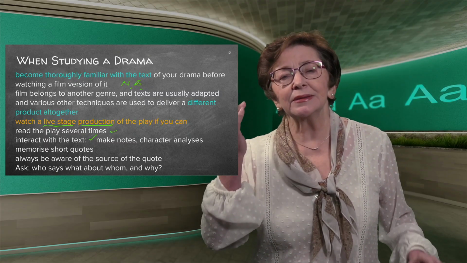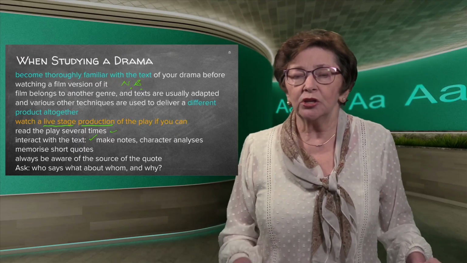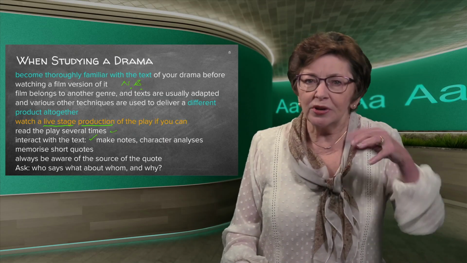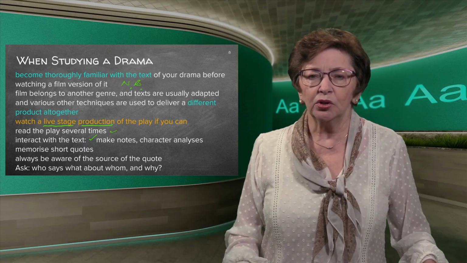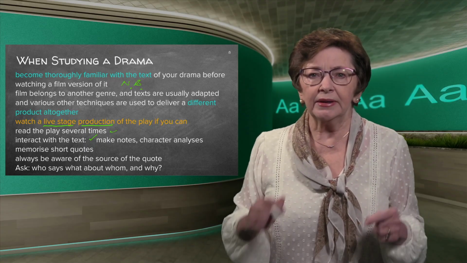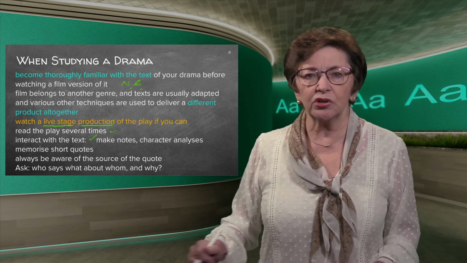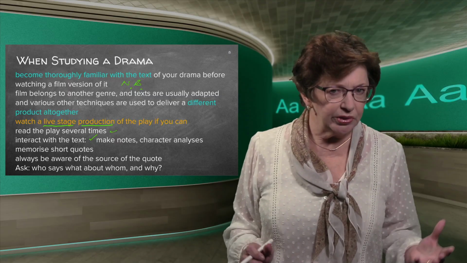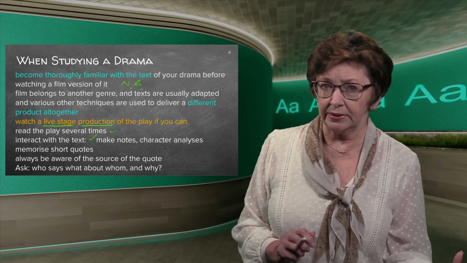But I mean, it's nice to have little quotes to use in your essays and in your answers. But you must always know what you're talking about. You must see it in context. You can't just say, oh, that is an aspect of Hamlet's character because here is a quote to prove it. But who said it? Can you believe the person who said it?